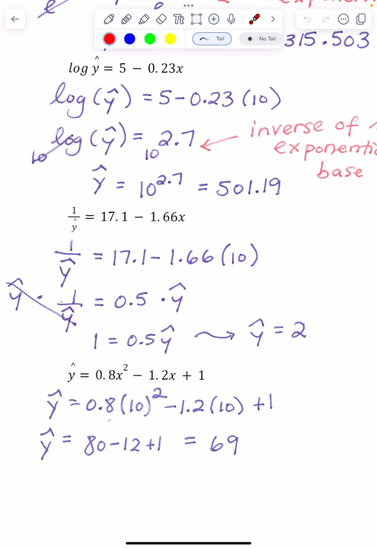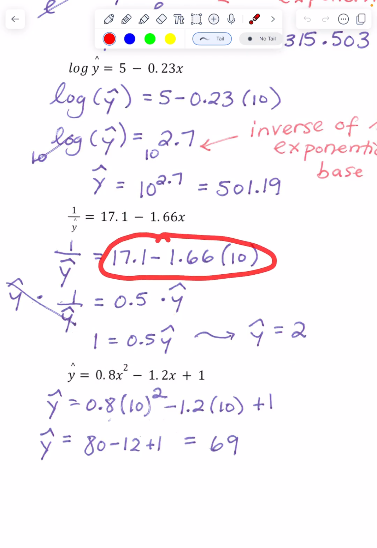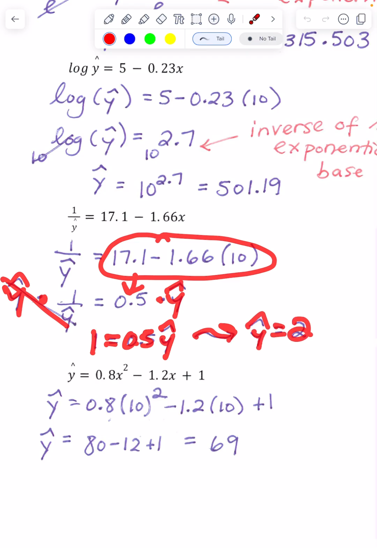Let me back up. What we get here is 0.5. At this point, we can multiply both sides by y hat to cancel that y hat, and we get 1 equals 0.5 y hat, or y hat equals 2.